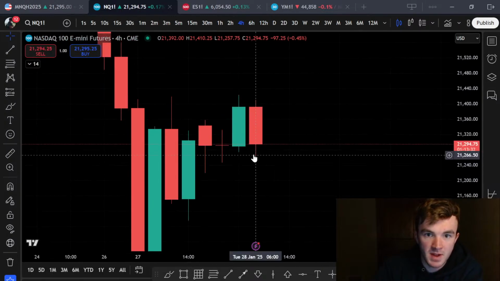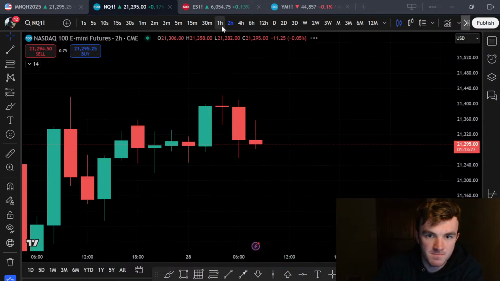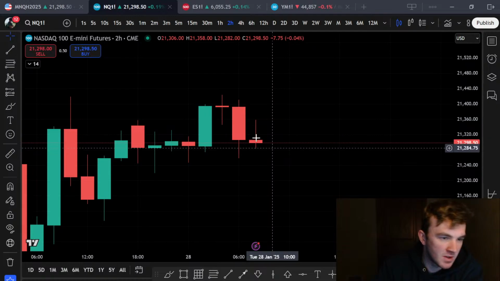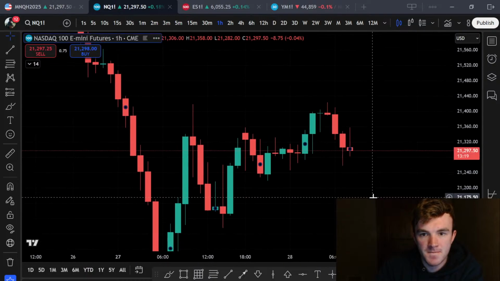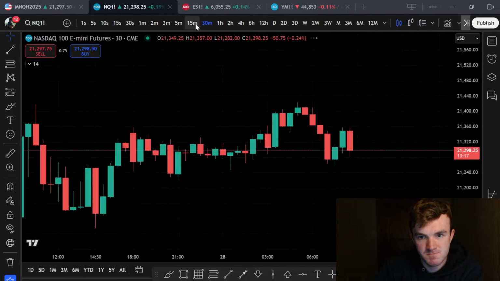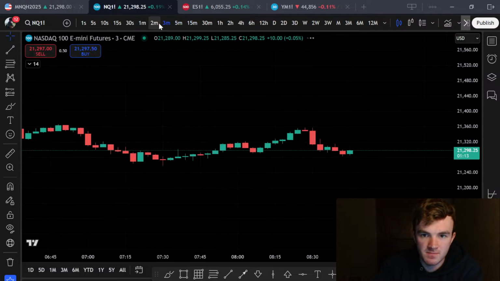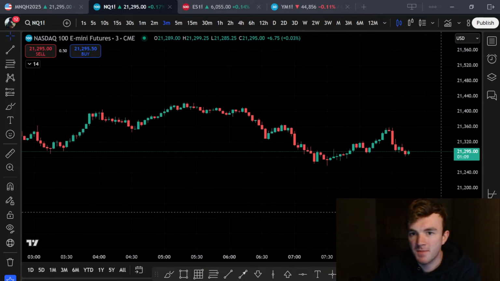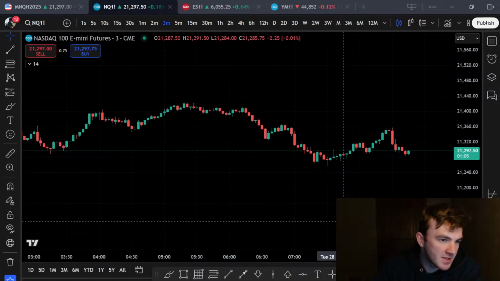I guess we swept out these 4-hour lows, but that's all I'm seeing. Yeah, there's not really any obvious CRTs. If there was something obvious, I'd record it, but there's not really anything obvious.